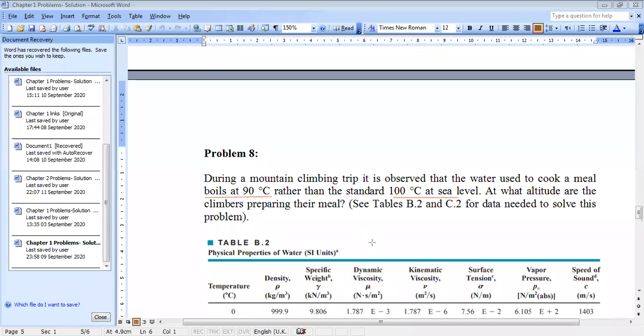Because as the altitude increases, so this is the altitude, okay? If you increase the altitude, then the vapor pressure of the fluid will decrease. Okay? So they are asking us at what altitude we should be to have boiling at 90 degrees.